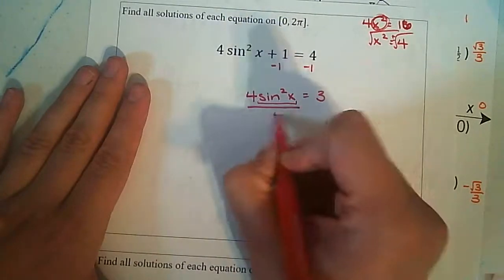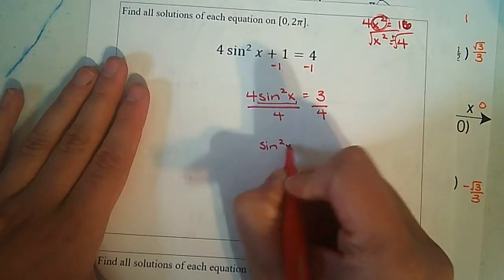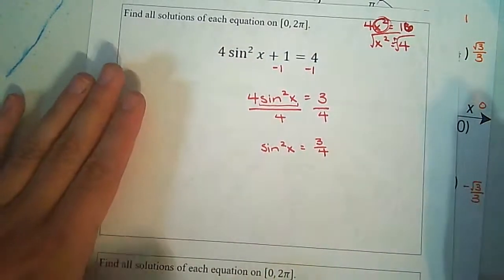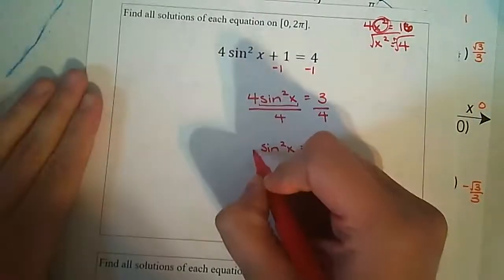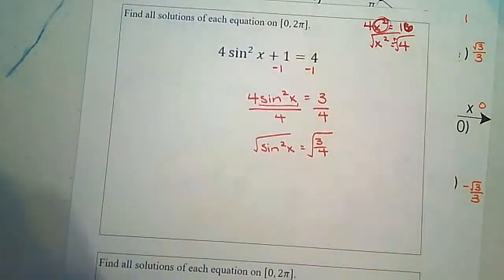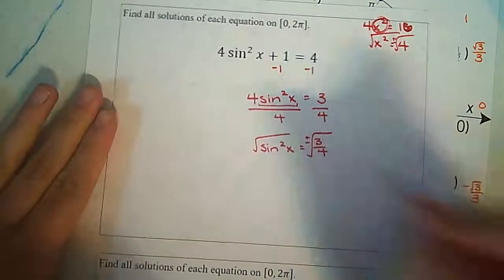So I'm going to divide both sides by 4 to get sine squared equals 3/4. And now we have what's being squared totally by itself. So now I can take the square root of both sides. And remember, when I physically add in that square root, I also need to add that plus or minus in as well.